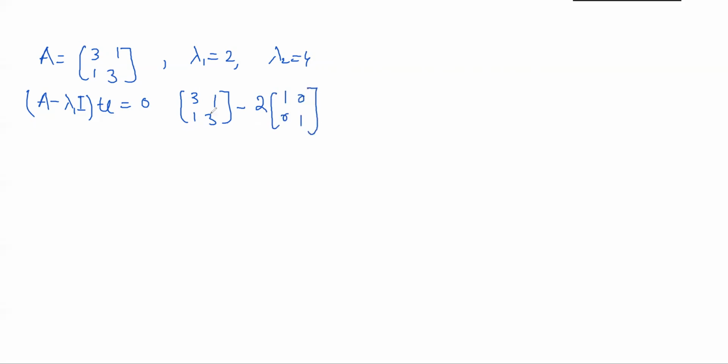So what is this now? It will be 3 minus 2 is 1, then 1 minus 0 will be 1, and then 1 minus 0 is 1, and 3 minus 2 is 1.